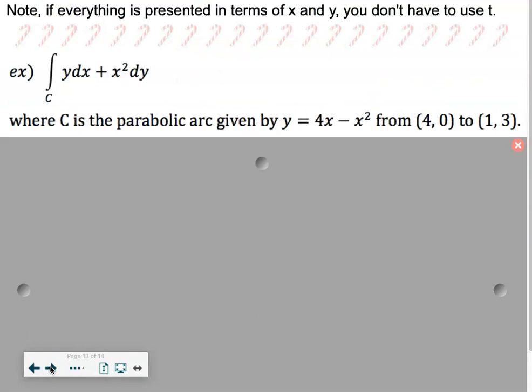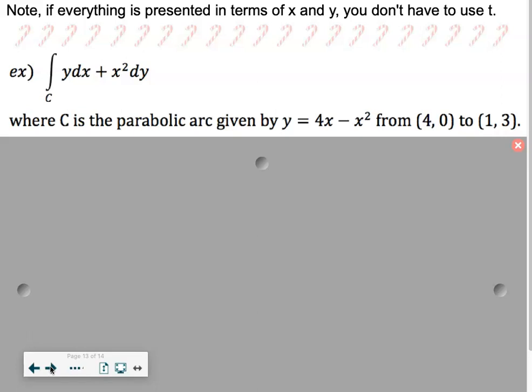Now, if everything, including your R of t, is presented in terms of x and y, you don't have to use t. Here's why. This is similar where we're just going to do some plugging and chugging.